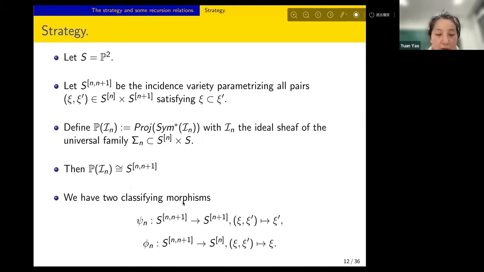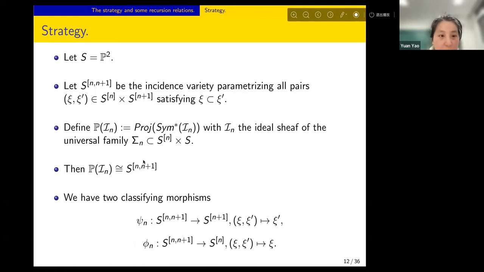And we have two classifying morphisms, sending the ideal sheaves of n points to S^[n] and the ideal sheaves of n plus 1 points to S^[n+1]. So these are very natural definitions, right? I don't know whether you can see these two morphisms: one is psi_n, another one is phi_n.